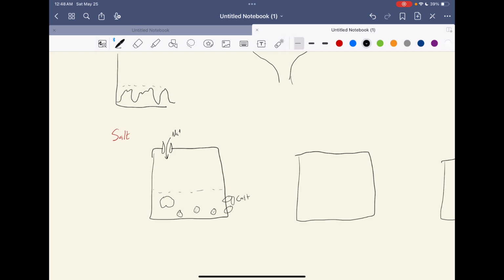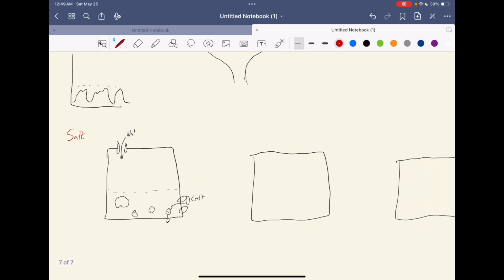So as the sodium moves into the cell, it will affect this calcium channel to open, and the calcium will rush in and grab the snare proteins, and it will move these neurotransmitters out. And those neurotransmitters allow us to taste the salty things that we eat.